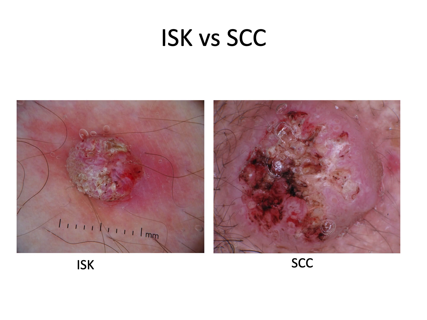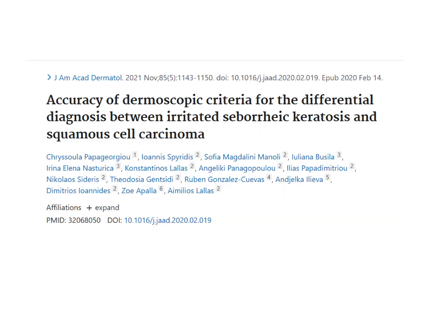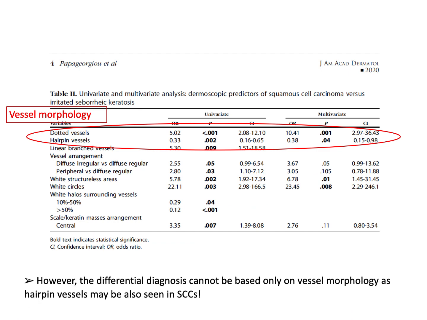Since this is quite a common scenario in everyday clinical practice, what would be helpful for us to differentiate these two tumors? According to this paper, although SCCs and irritated SEBKs share common dermatoscopic features, there are a few characteristics that could help. First of all, the vessel morphology.